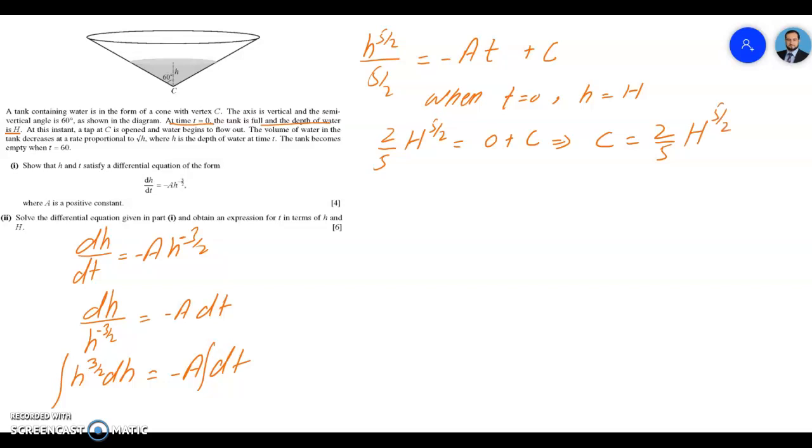So this equation will become 2 by 5 h to the power of 5 by 2 is equal to negative at plus 2 by 5 H to the power of 5 by 2.